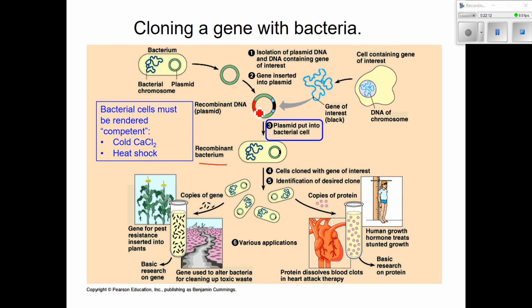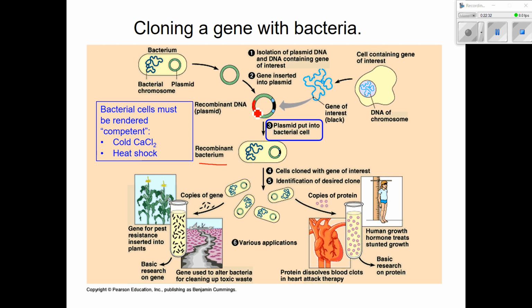Oftentimes, this other gene will be something like an ampicillin resistance gene, a gene that makes bacteria resistant or immune to a particular antibiotic.